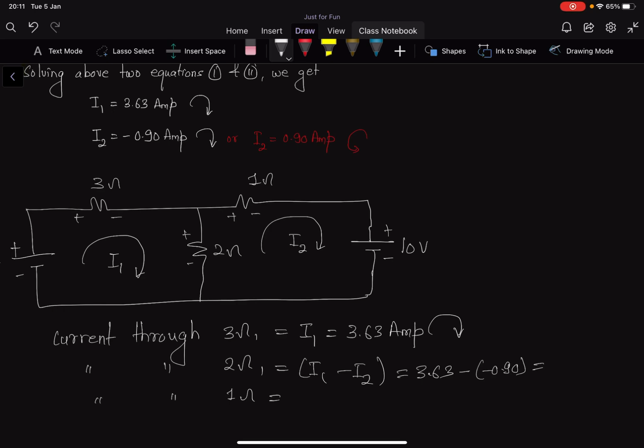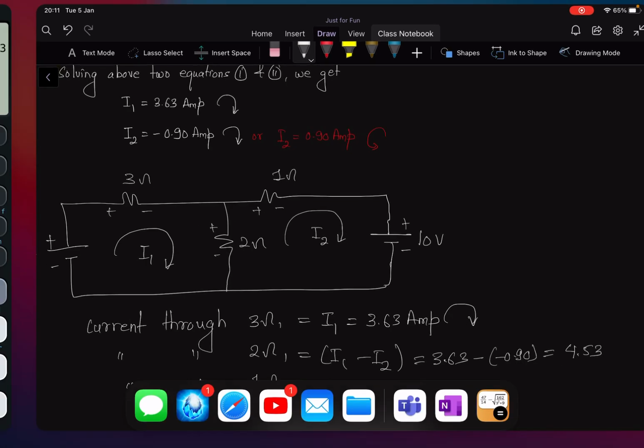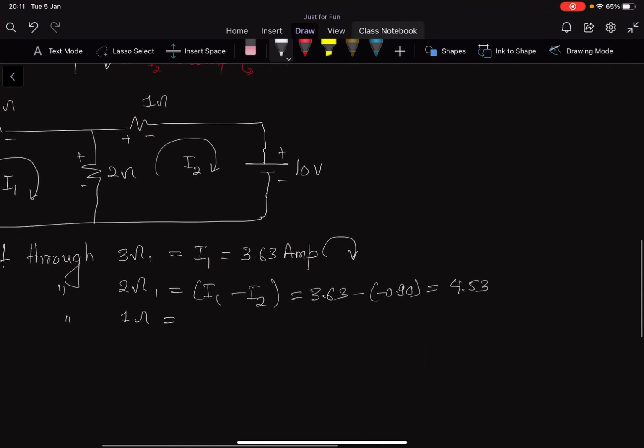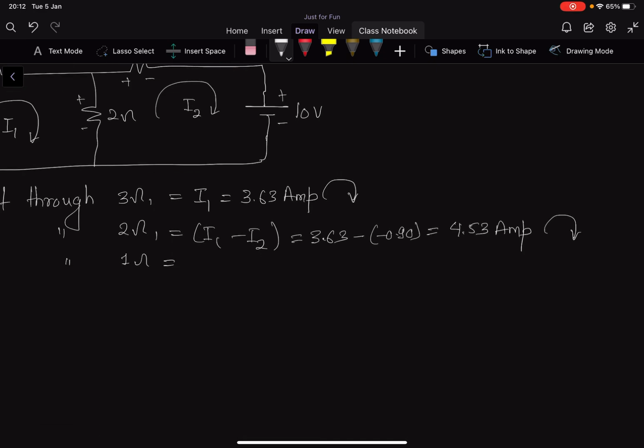I'm going to get 4.53 ampere. Now if you ask me what direction it will be, the direction will be positive. So what direction will be positive? Is it going to be clockwise, like that? Okay, that clockwise direction here.